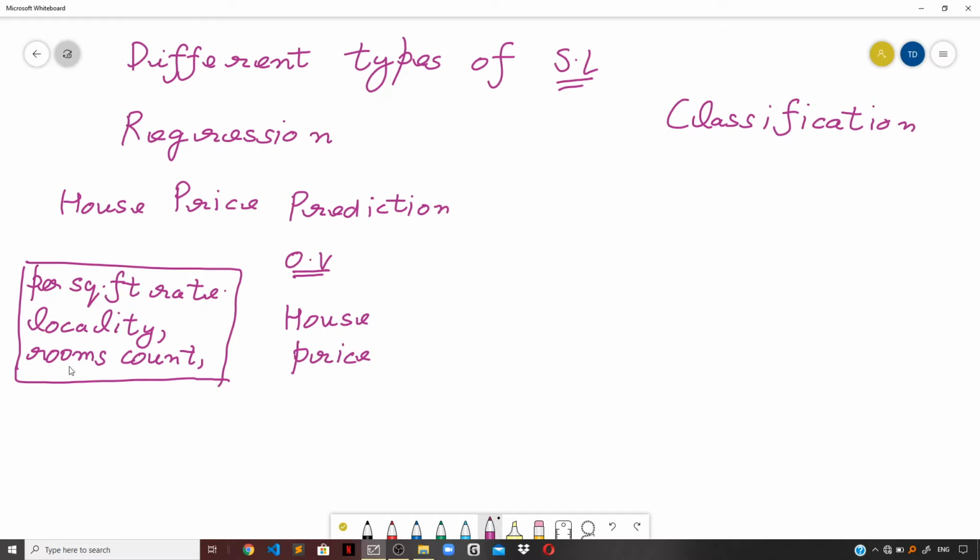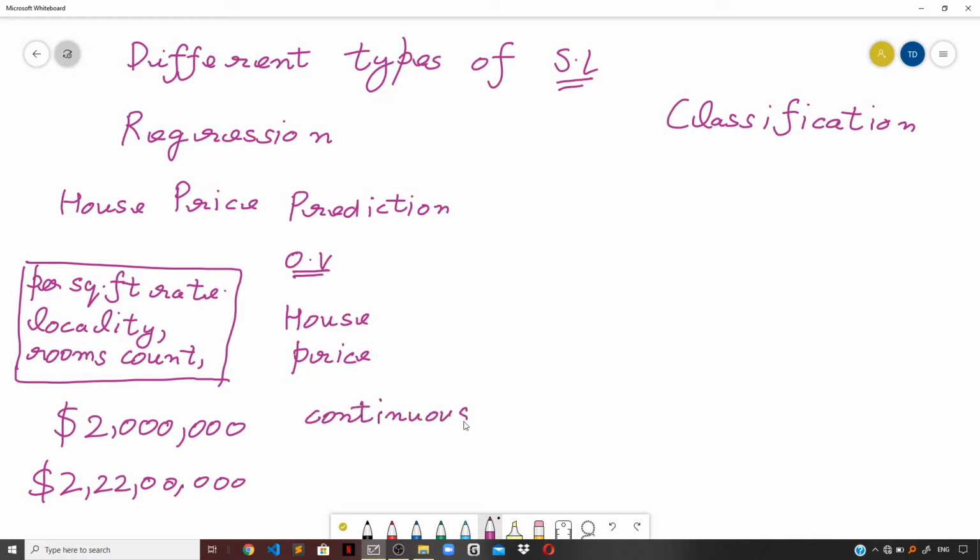Since house price is a numerical value, it can be these many dollars, or these many dollars. This is something that you can compute that has a magnitude, some numerical form. It is a continuous variable, and it is quantitative in nature, something you can measure.